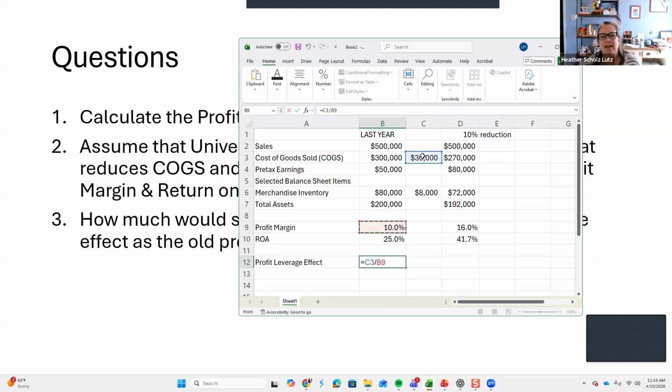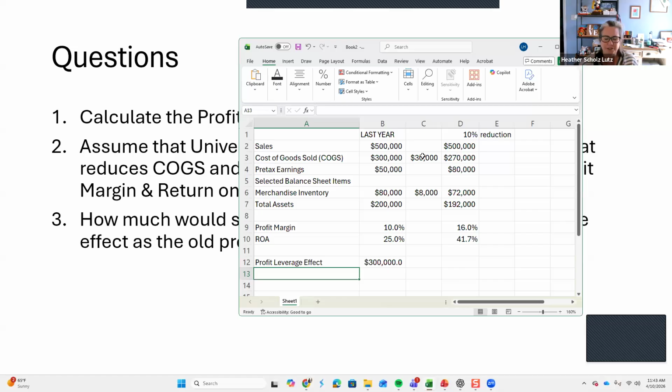If we divide it by our pre-tax profit margin of 10%, you can see the company would have had to increase their sales by 300,000. If everything else had stayed the same, that would have led us to that $30,000 in profit. So again, it's two sides of the coin.